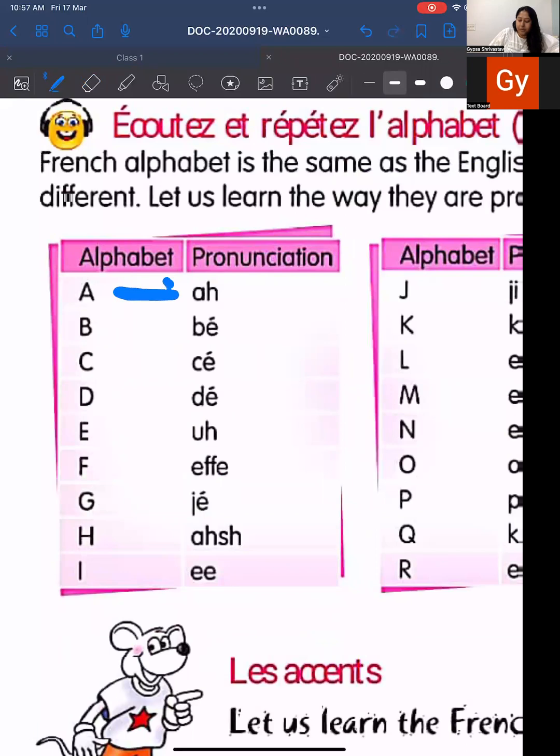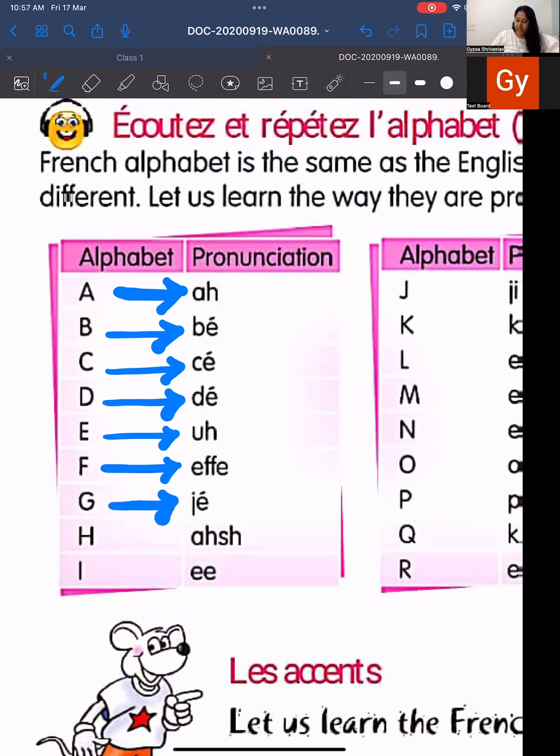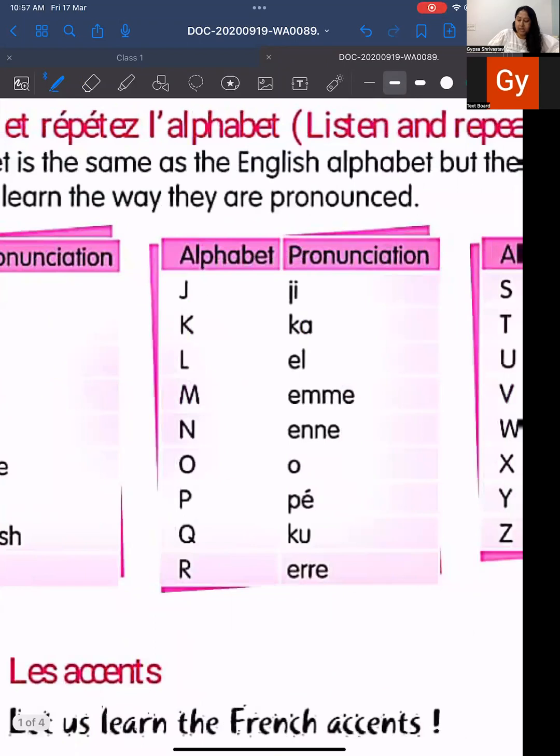A, pronounced as A. B, B. C, say. D, they. E, F, F. G, she. H, ash. I, E. J, J. K, Ka. L, M, N, O remains the same.